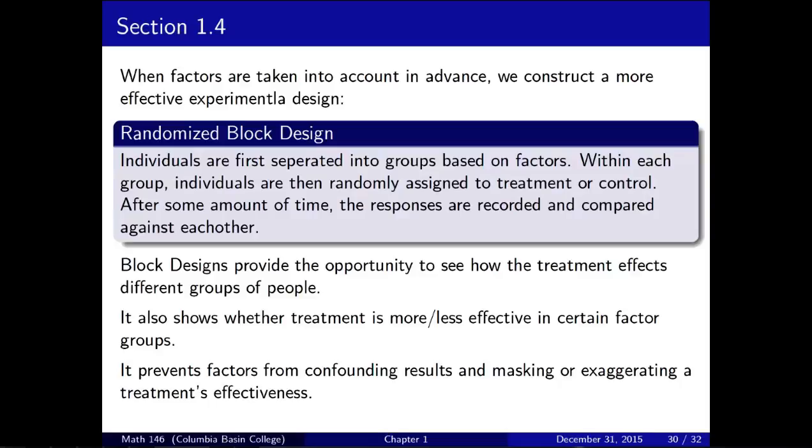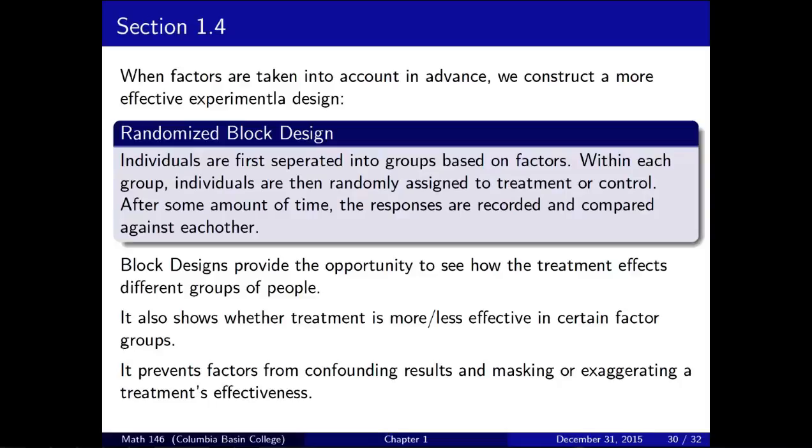It shows whether the treatment is more or less effective in certain factor groups, and it also prevents confounding in the sense that now I know that family history is not going to mask the effectiveness of folic acid because I have all my family history women in one group and all my women without a family history in another group. Okay.